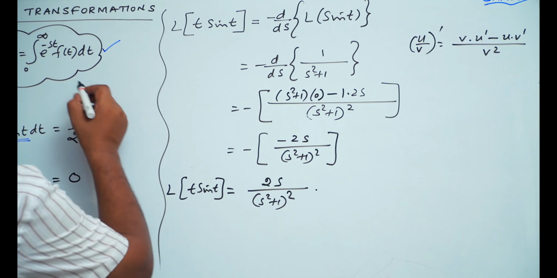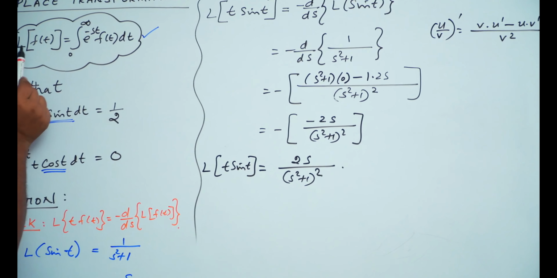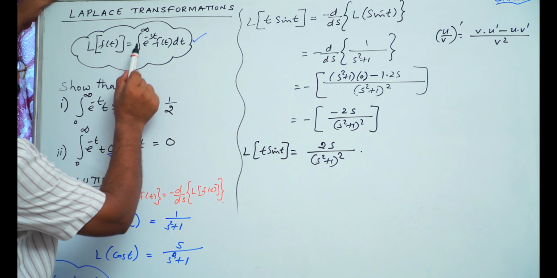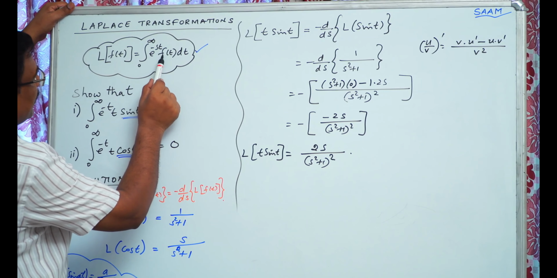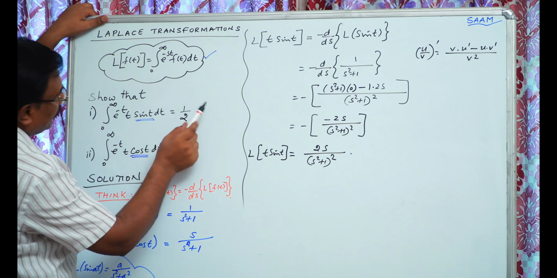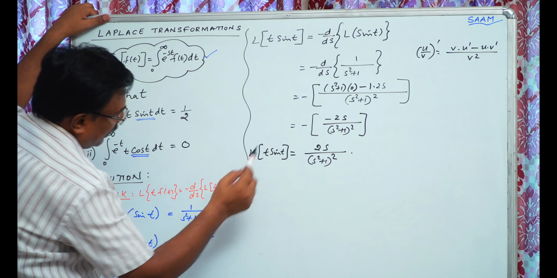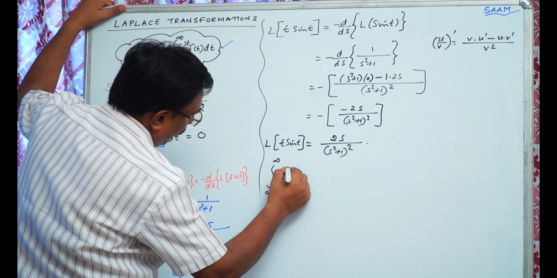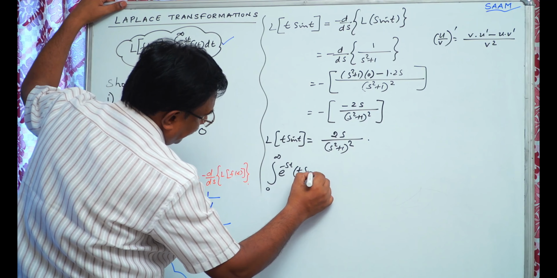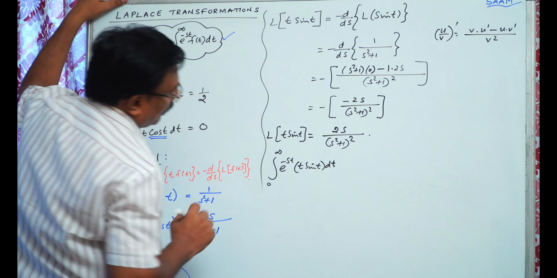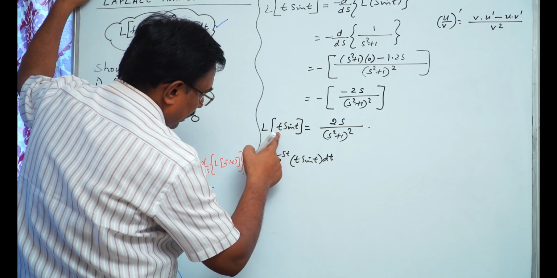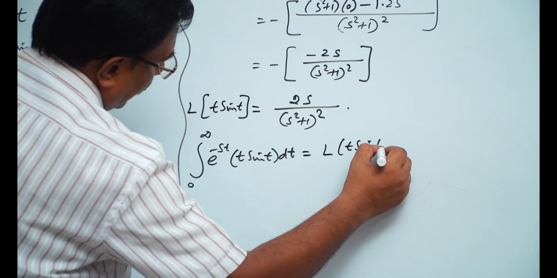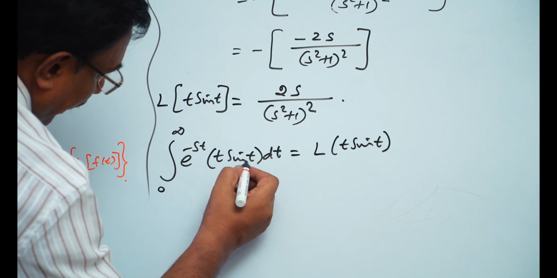One small thing: Laplace of f of t is the integral from 0 to infinity of e power minus st f of t dt. If I apply this formula here, I get the integral from 0 to infinity of e power minus st times t sin t dt, which is Laplace of t sin t.